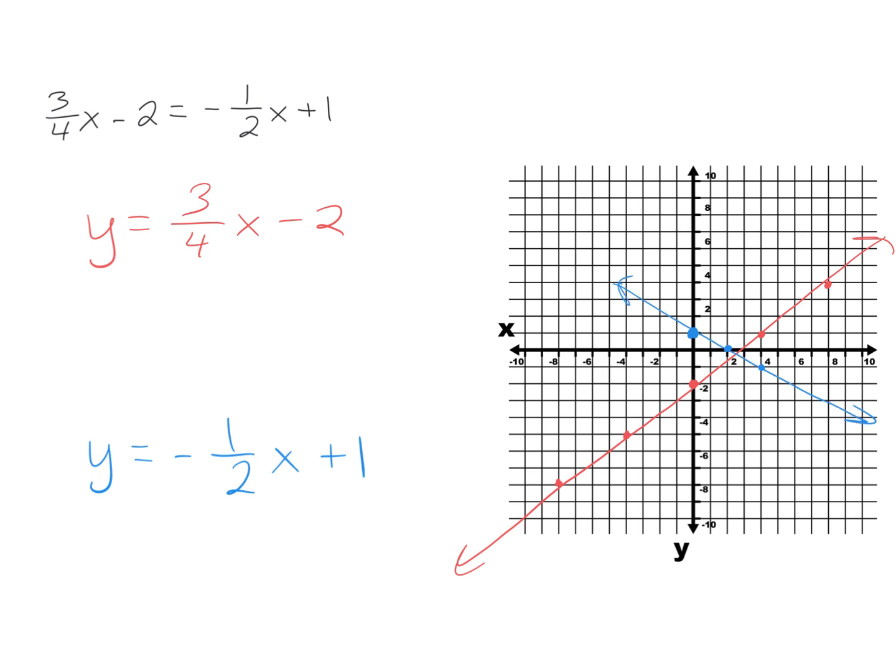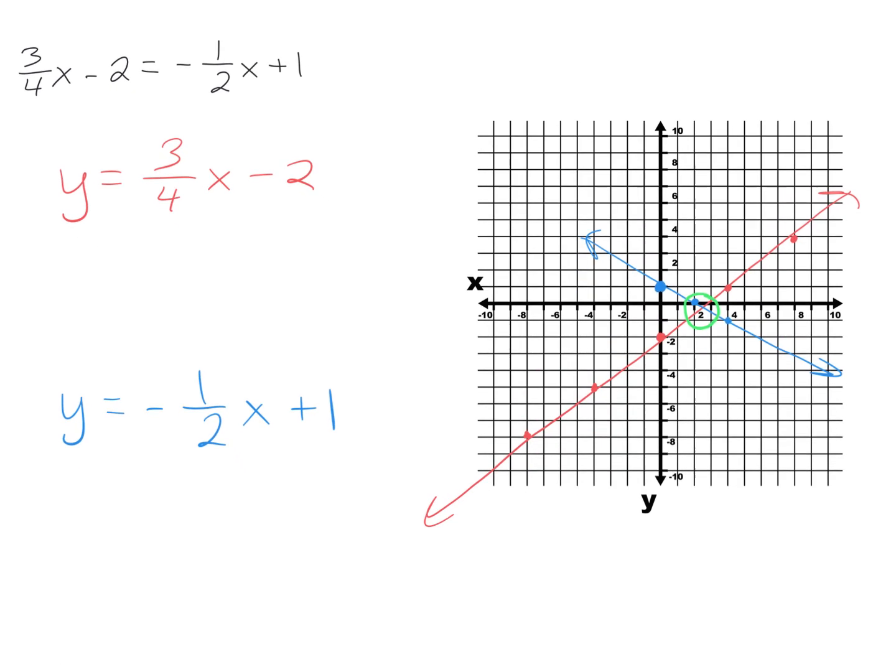How many solutions do we have? 1, right? They cross at one spot. It's not nice again, but we'll label this one 2.5 and negative 0.5.